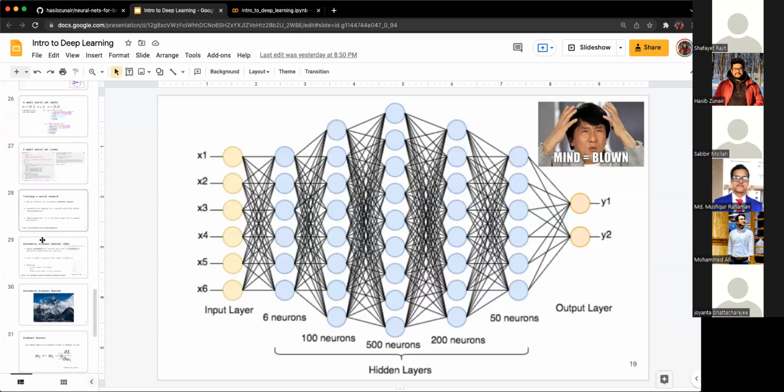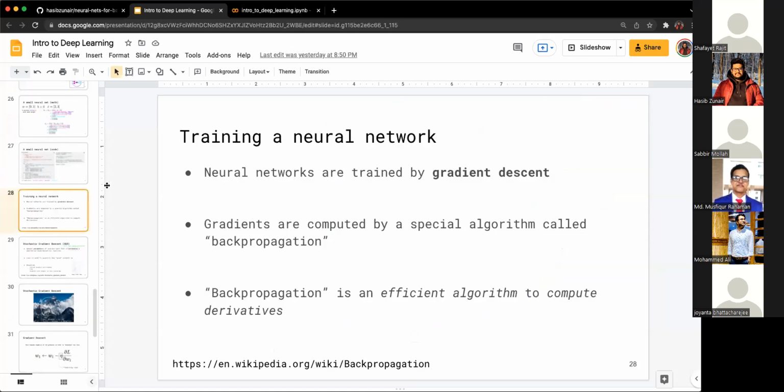So let's see how we actually train these neural nets. Given a neural network, which has a bunch of neurons and a bunch of weights and biases with them, we train them using an algorithm called gradient descent. What gradient descent does is it basically computes the gradients of the loss from your neural network.